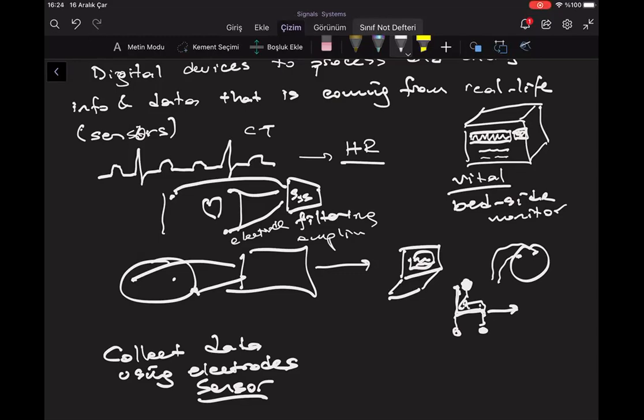Yes, as Nur Efşan said, you can see these kind of things in different TV shows, right? For example, there is a doctor going inside the patient's room. Oh, the heart rate is slowing down. We should do something for this guy. Oh, the blood pressure is going down. Tansiyonu düşmüş. So we should do something for this guy, right?